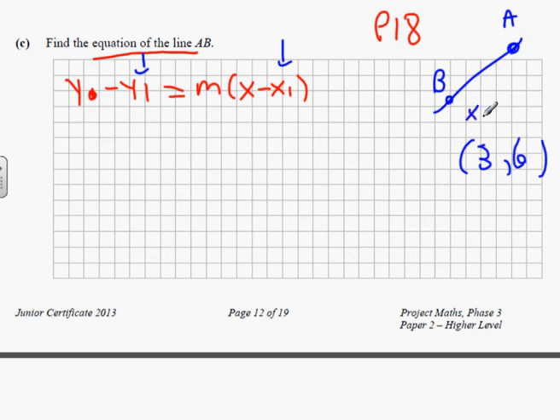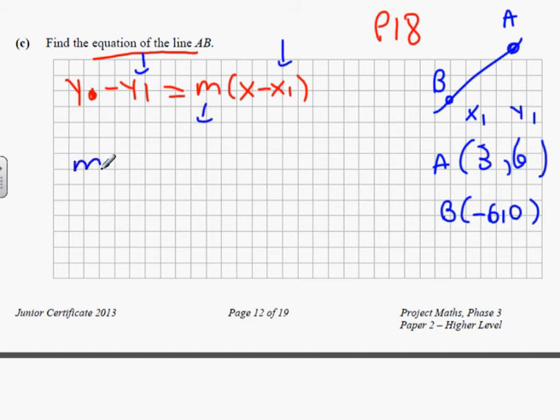So let 3 be x1 and 6 be y1. Can anybody tell me what m is? What's point B? Minus 6, 0. We have to find out the slope.